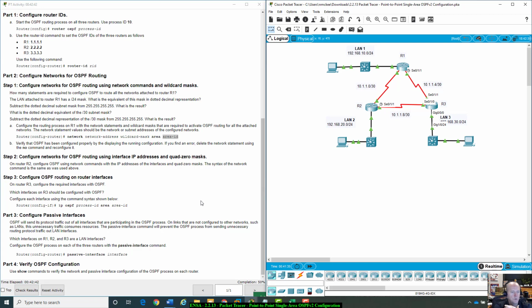All right, so configure each interface using the command syntax shown below. So ip ospf, and then the process ID, which is 10 in our case, the area, and 0. And notice right here, we're actually going into the interface from global config.